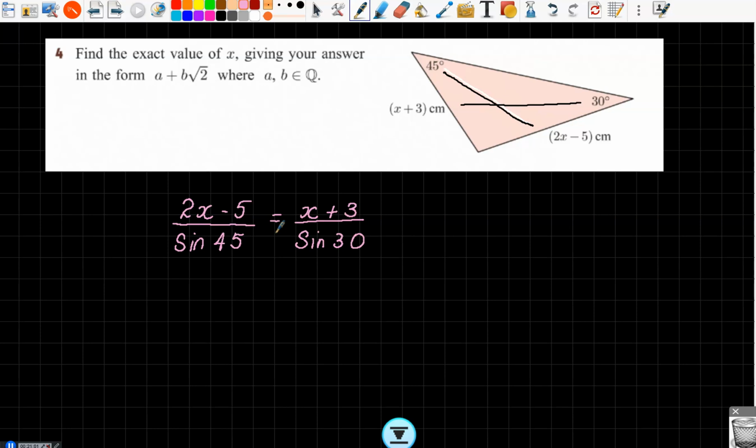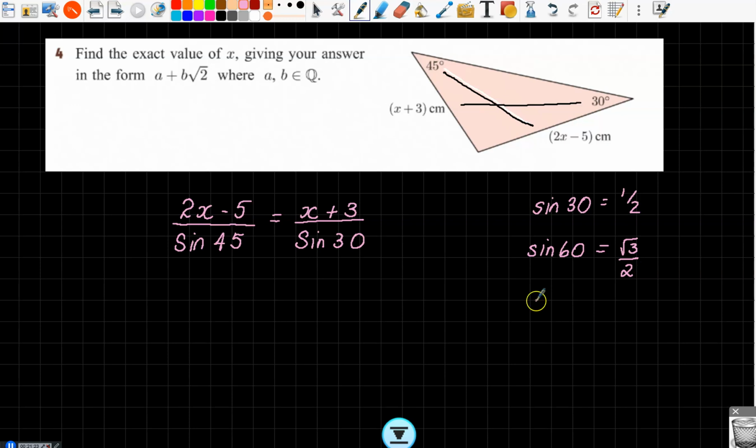So grab your calculators out, and I can tell you right now that sine 30 is a half. I can also tell you that sine 60, which is not there, but if you pop that into your calculator, it's root 3 on 2, is it not?